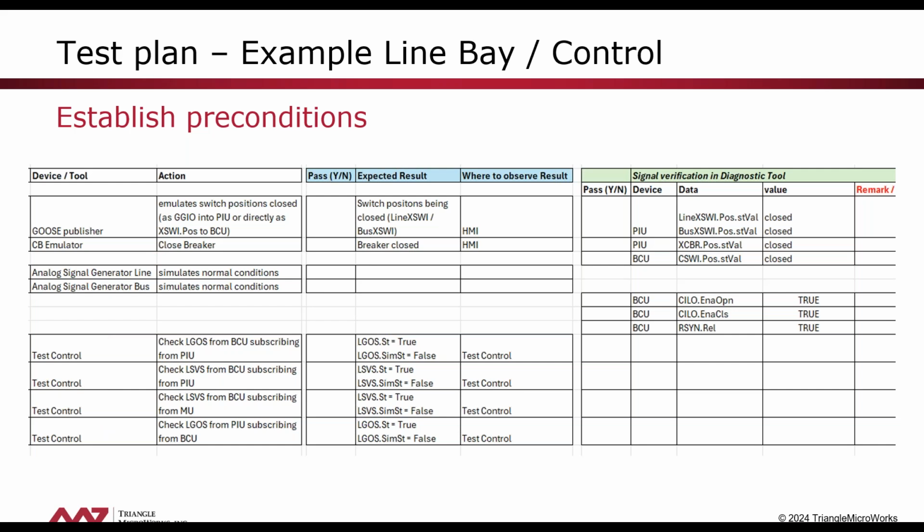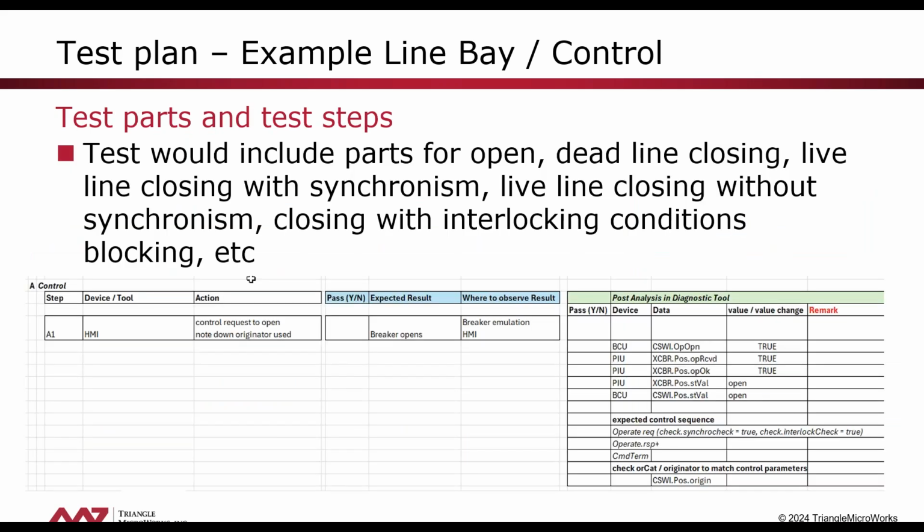And then after that, the key part was the test steps. There were different test parts with the test steps. The parts for the control, as an example, would include open of the breaker, a dead line closing, a live line closing with synchronism conditions, without synchronism conditions, and so on, including also tests with interlocking conditions, whether it was blocking, and so on.